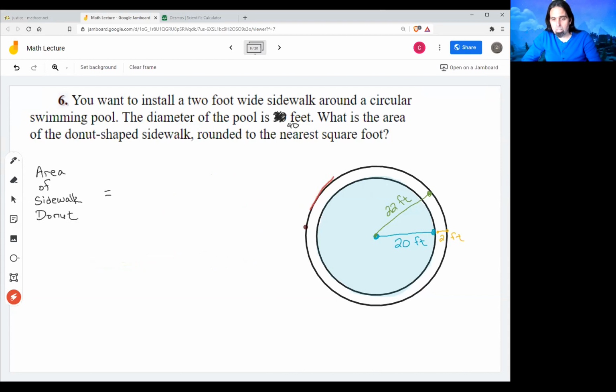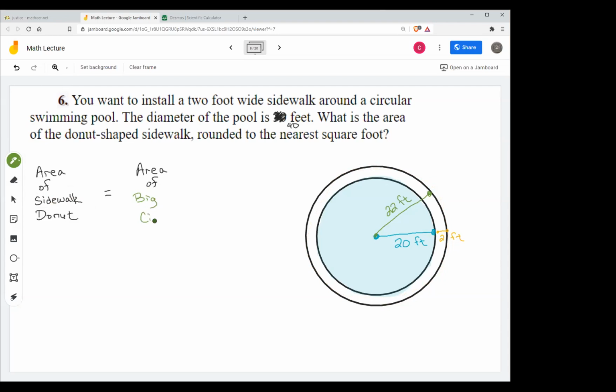Well, we do need the area of the big circle, right? So I can put that down, area of the big circle, subtracted by the pool.